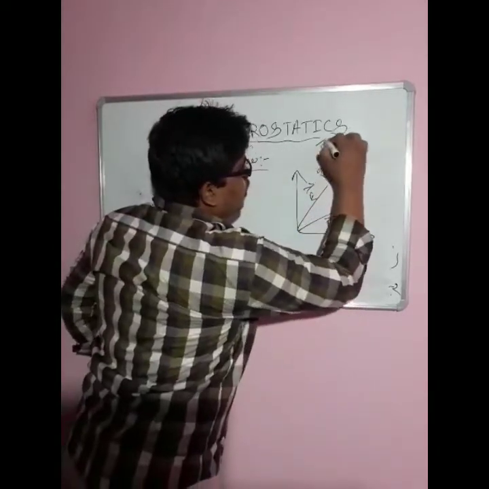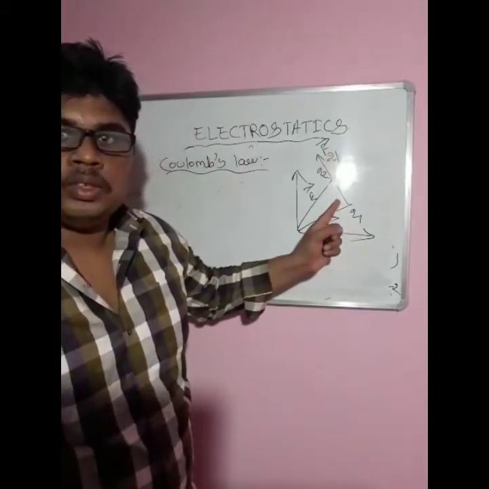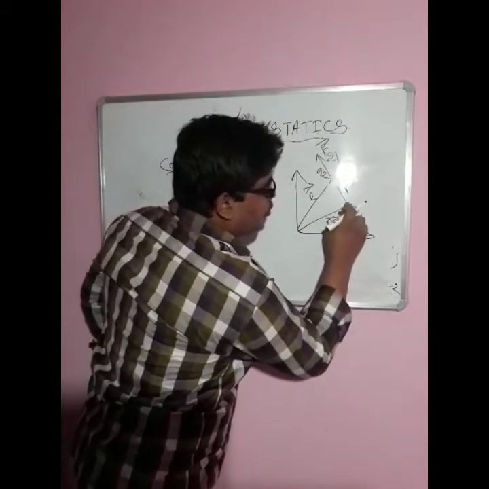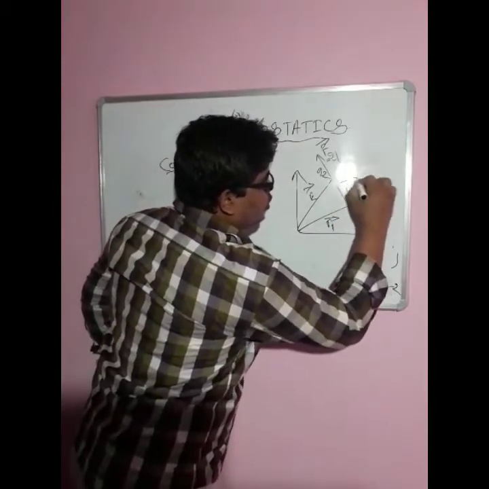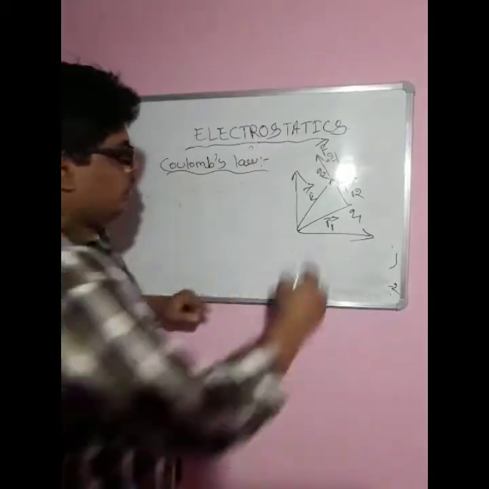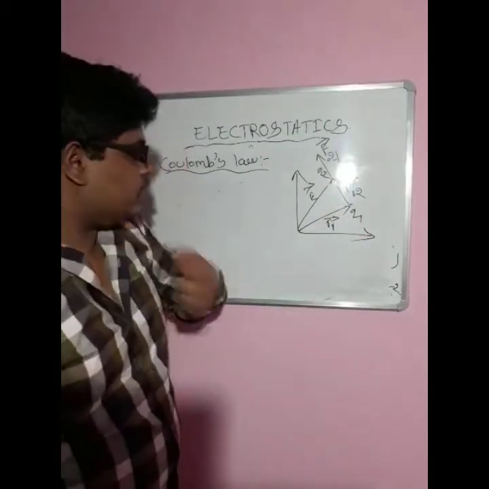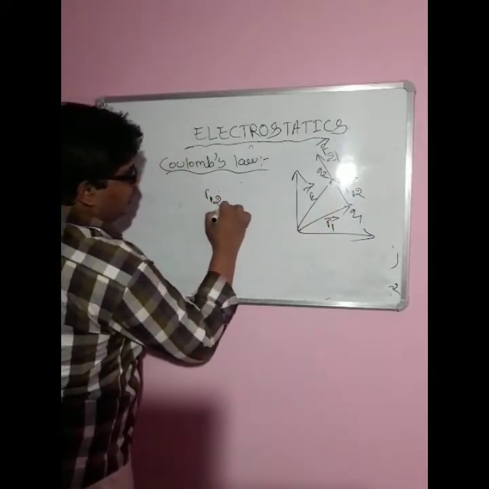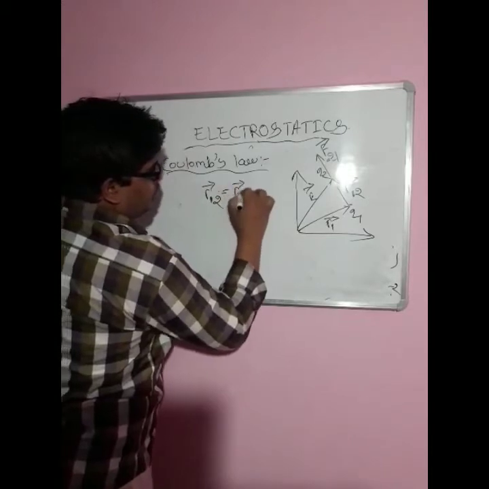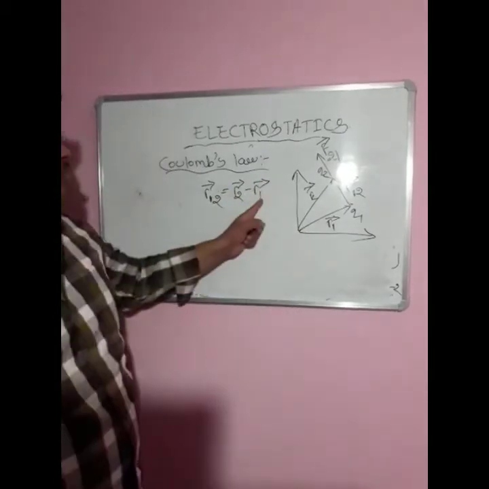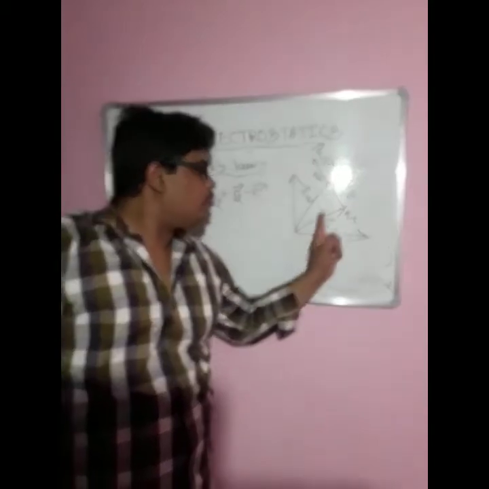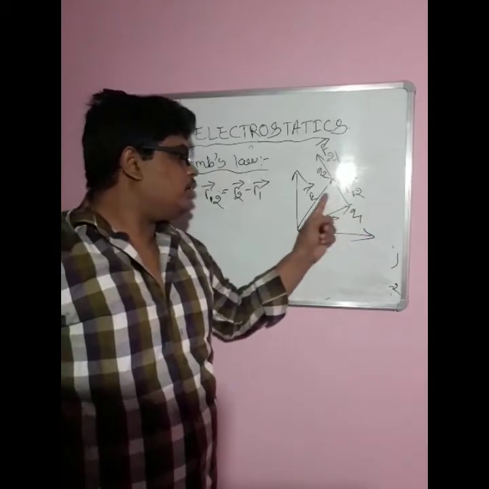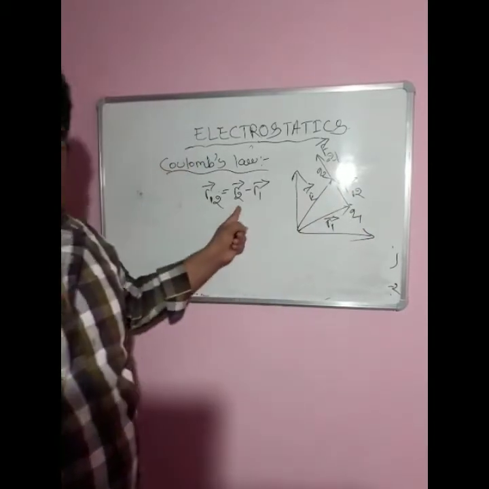The vector from the first body to the second body is R12 vector. Using the triangle law, R1 plus R12 is equal to R2 vector, so R12 vector is equal to R2 vector minus R1 vector.